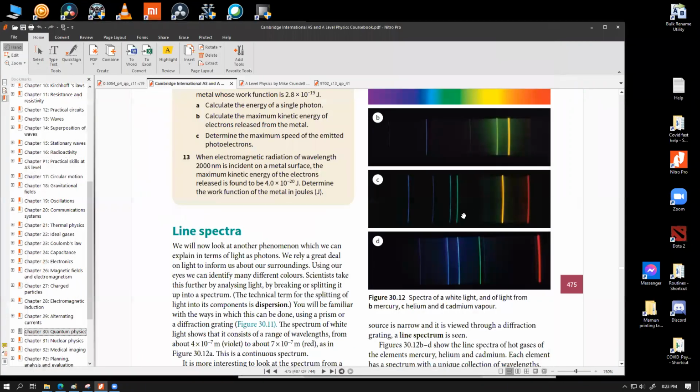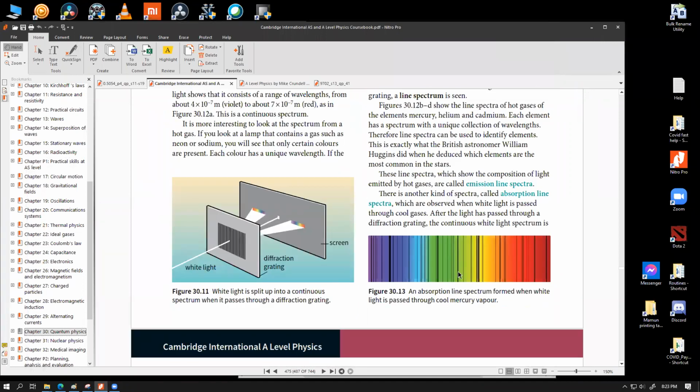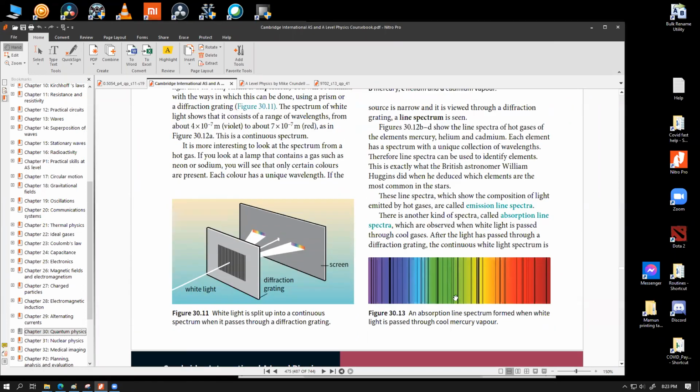The other thing I'd like to discuss is that what we have over here is an absorption spectrum, and the absorption spectrum is pretty interesting. Let me first tell you the use of the absorption spectrum so that it will be easier for you to perceive the idea. The purpose of an absorption spectrum is primarily to detect the presence of specific elements in a certain compound that we might not know.